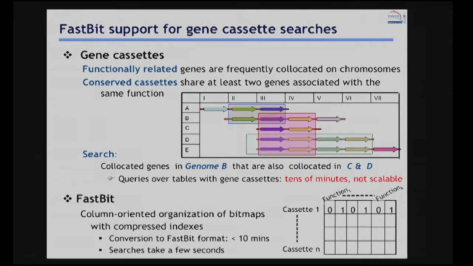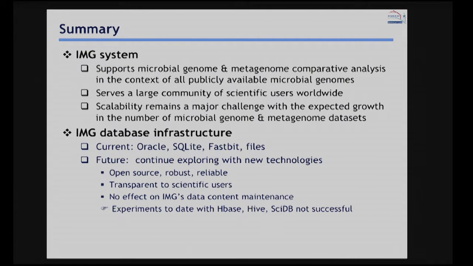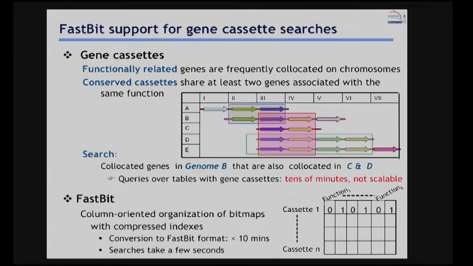It is basically a memory-based bitmap. When we load this data in, it shows which cassette has genes with which function, and because it's in memory, it's very fast.